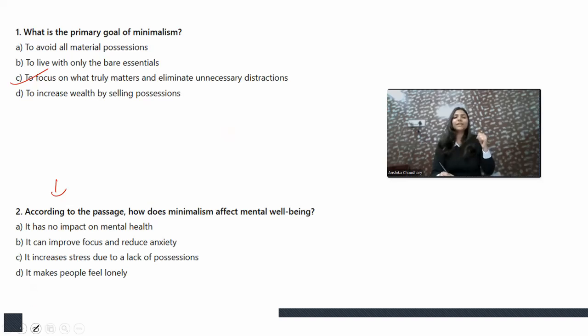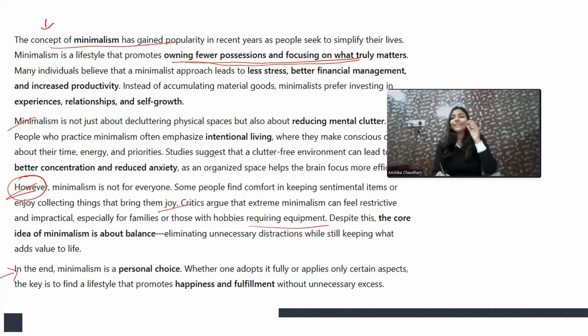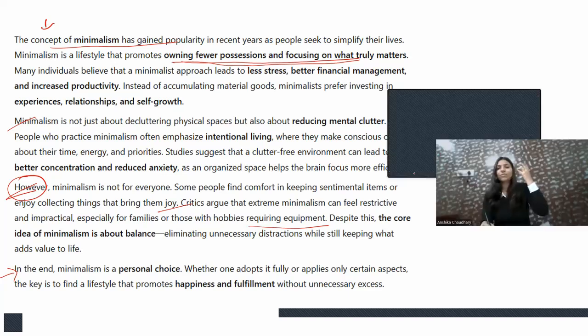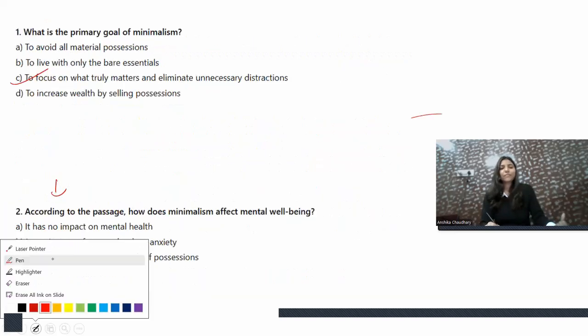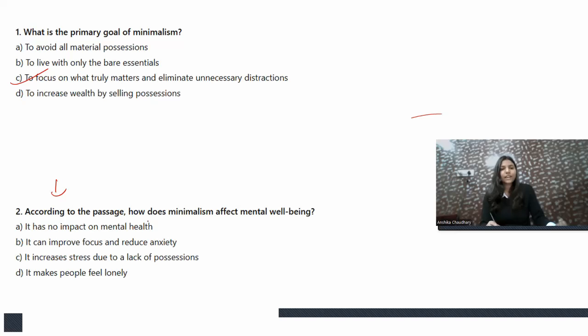This is something that is mentioned here, decluttering the things from your mental state, from your physical spaces also. It emphasizes intentional living. It will give you more time, energy, and priorities if you set them. So this is how minimalism helps you reduce mental clutter as well. According to the passage, how does minimalism affect mental well-being? It has no impact on mental health? No, no, no, it has.